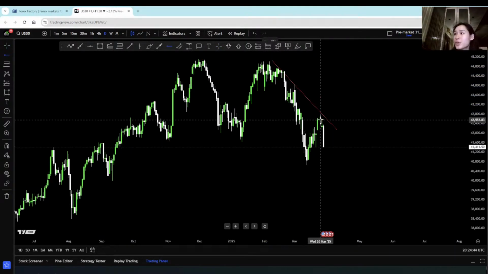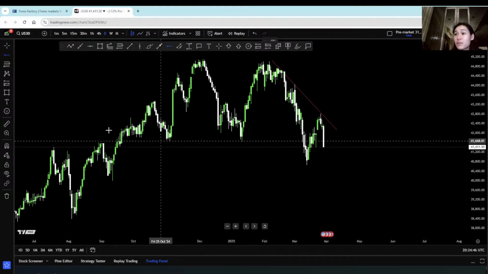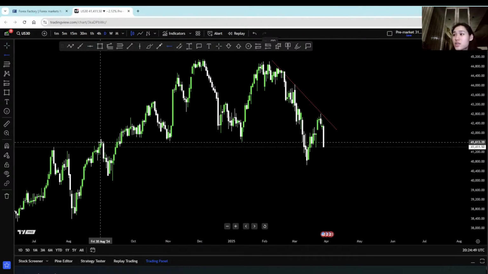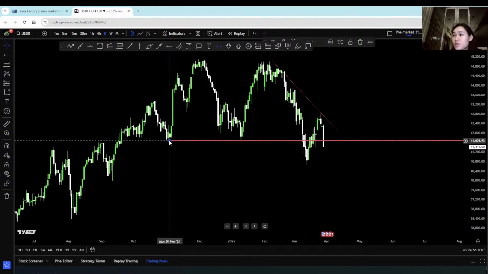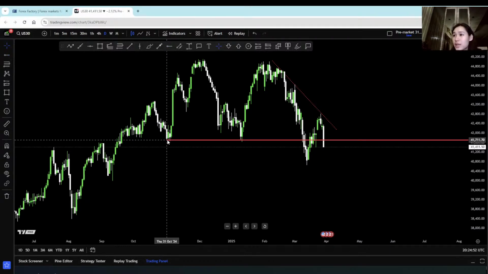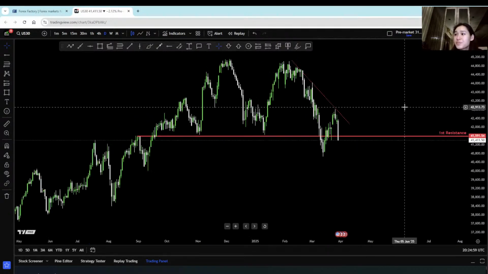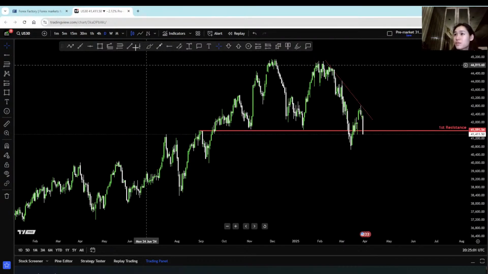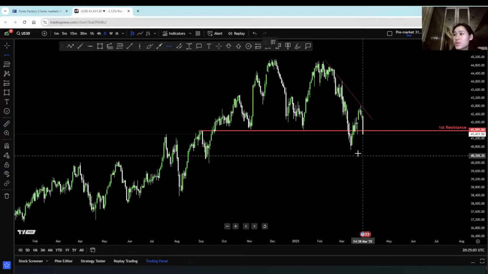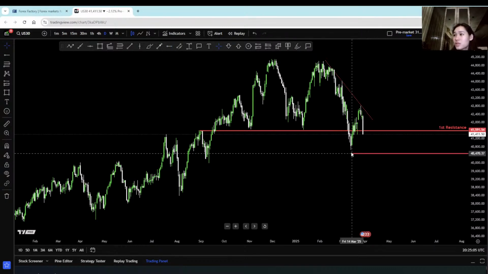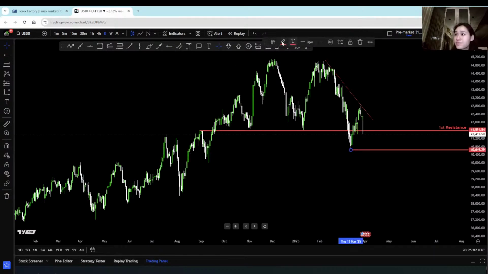Now I'm gonna go in with my Fibonacci level, my horizontal levels first. So again, my first resistance just about here. Okay, and my first support at this swing low here.